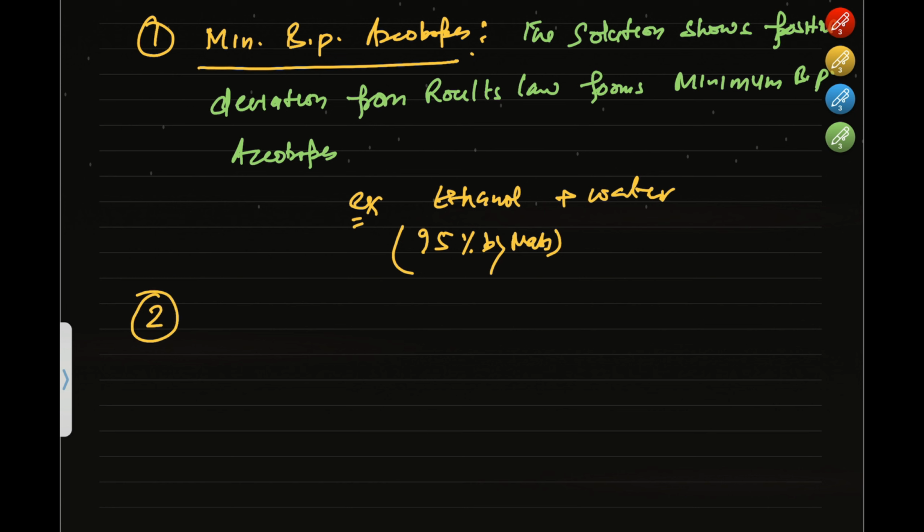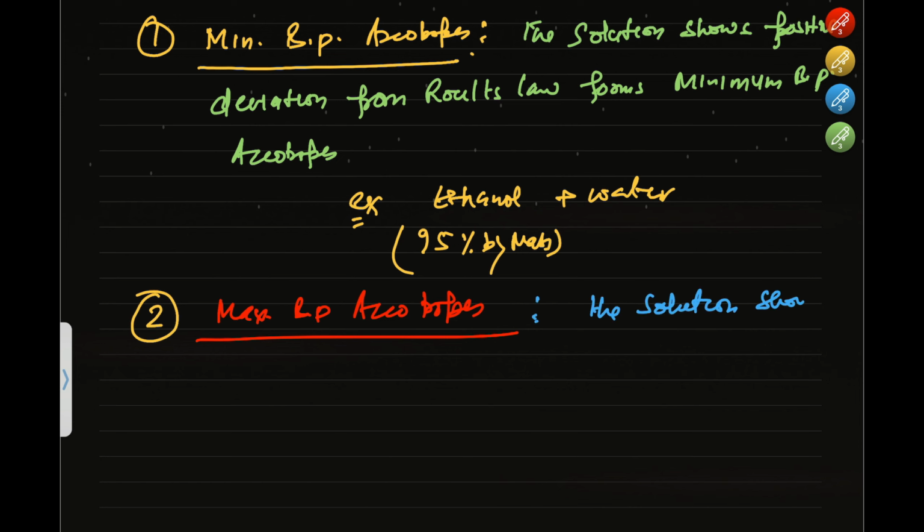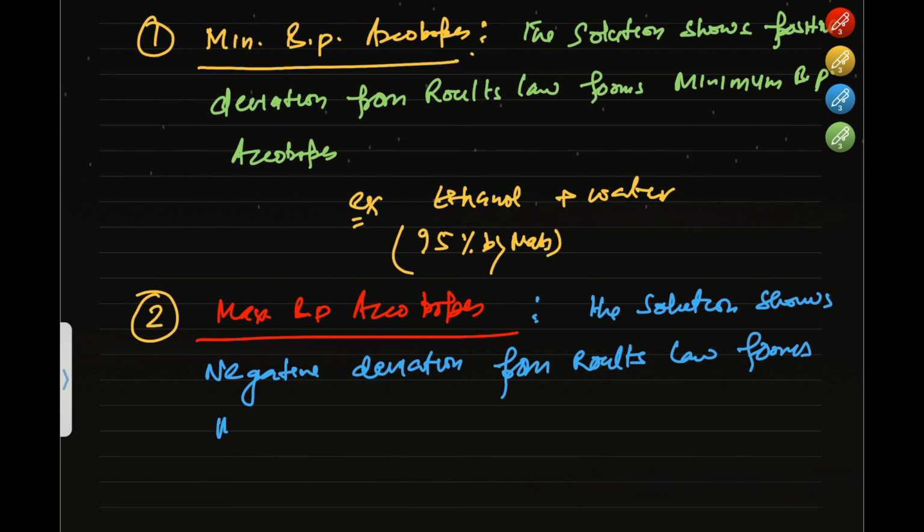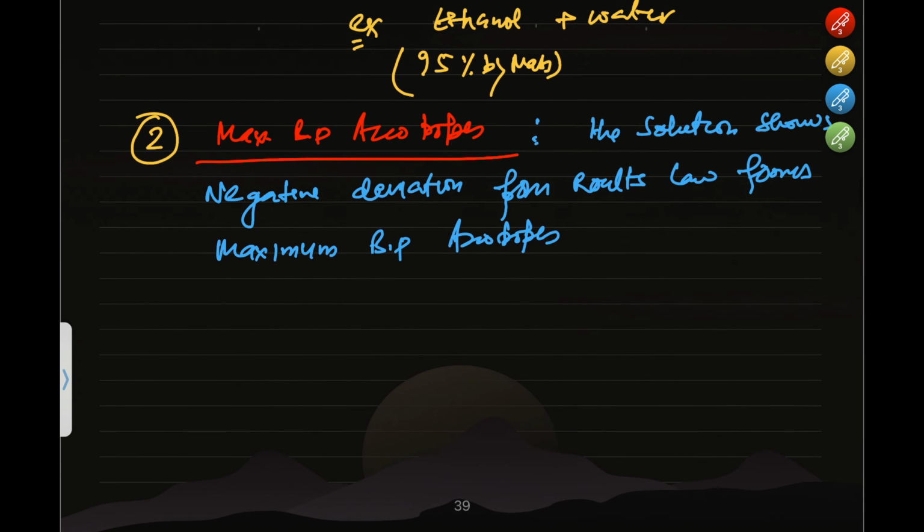Second is the maximum boiling azeotropes. The solution that shows negative deviation from Raoult's law forms maximum boiling azeotropes.